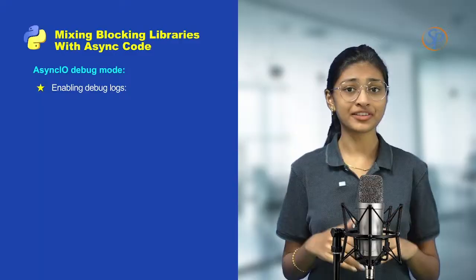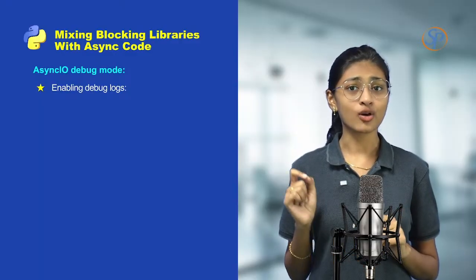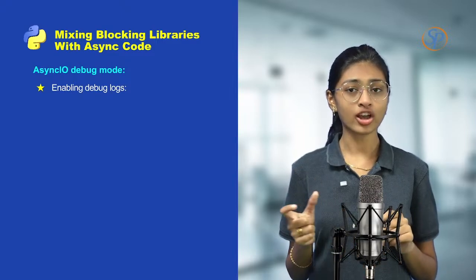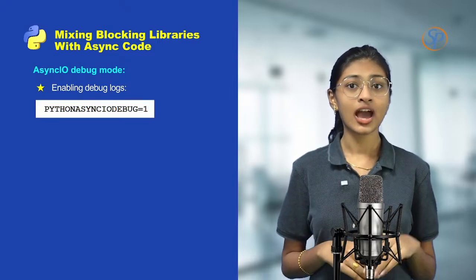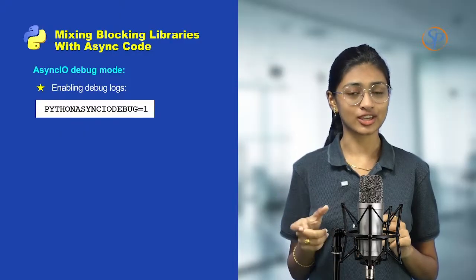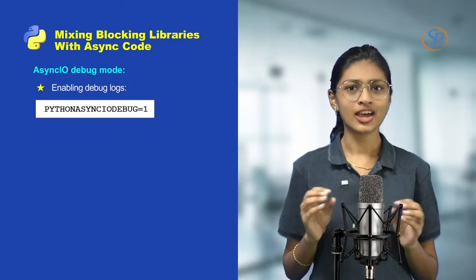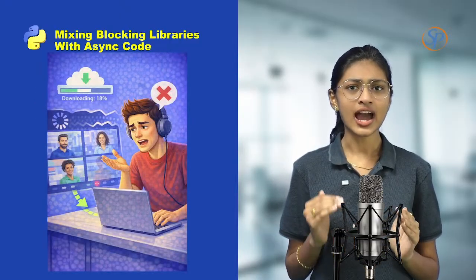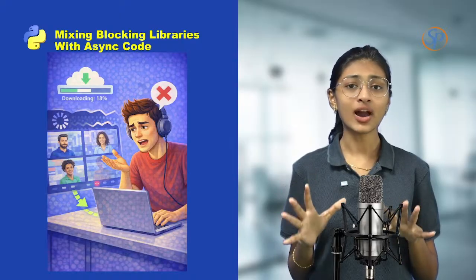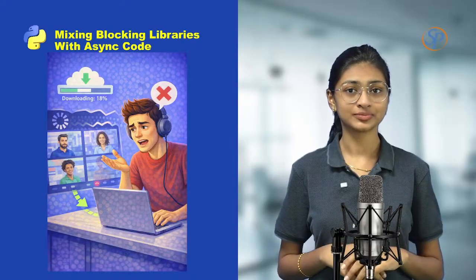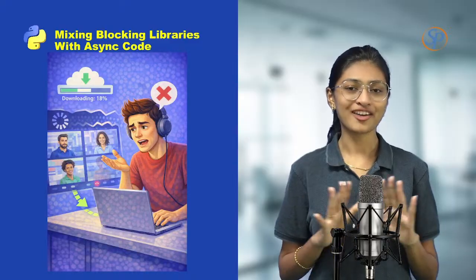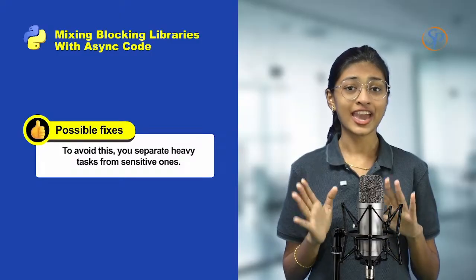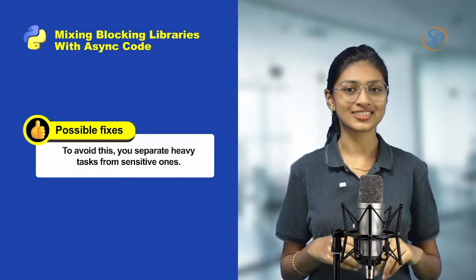But we can fix it by using aiohttp, the async version, or offloading blocking code to a thread: await loop.run_in_executor(None, requests.get, url). It's like attending an online meeting while downloading a huge file. If your network is slow, everything freezes. To avoid this, you separate heavy tasks from sensitive ones.